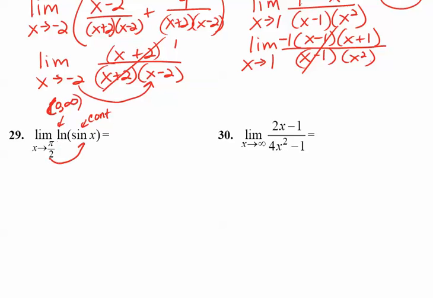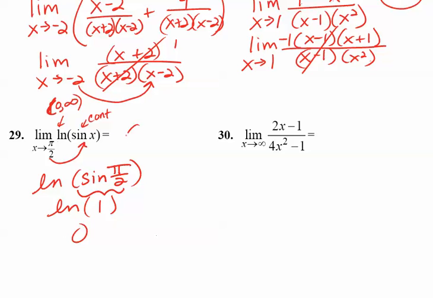So we could do order of operations here, and we could do direct substitution. Actually, once we do direct substitution, I don't need that limit anymore. So we know that the sine of pi over 2 is 1, so the natural log of 1 is 0.